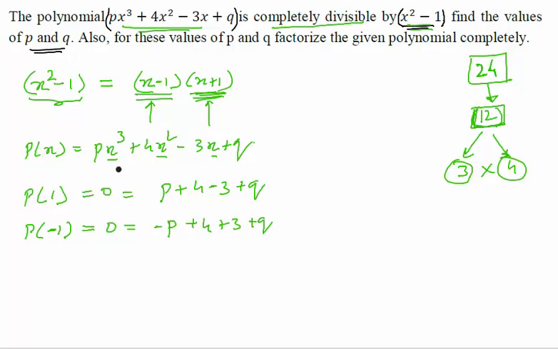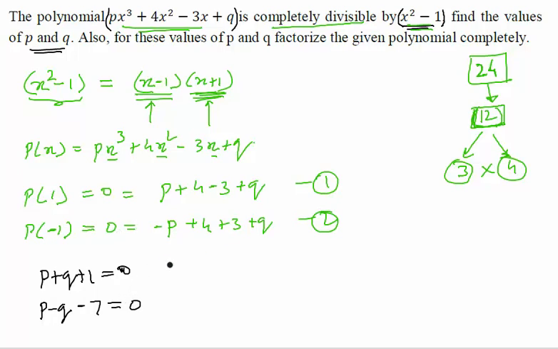So there are these two equations in p and q. If we solve these equations, we will get our values of p and q. On simplifying, the first equation should look like p plus q plus 1 is equal to 0, and the second equation should look like p minus q minus 7 equal to 0. You need to multiply by minus 1 in the second equation to get this.